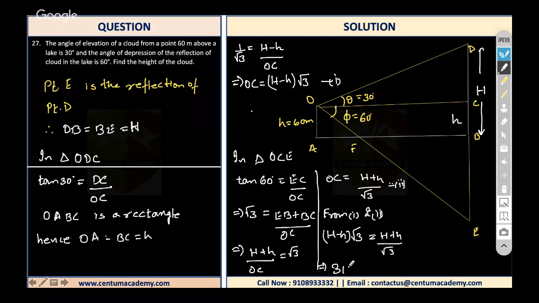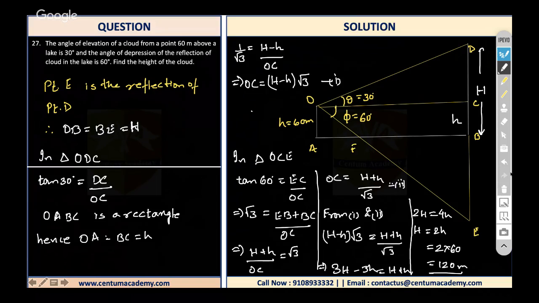So you can write 3 capital H minus 3 small h is equal to capital H plus small h, which on simplification gives 2 capital H equals 4 small h. So capital H is 2 small h. Hence if it is 60 meters, it is 2 into 60, which is 120 meters. This is question number 27. Okay, fair enough. Let's go to the next problem.